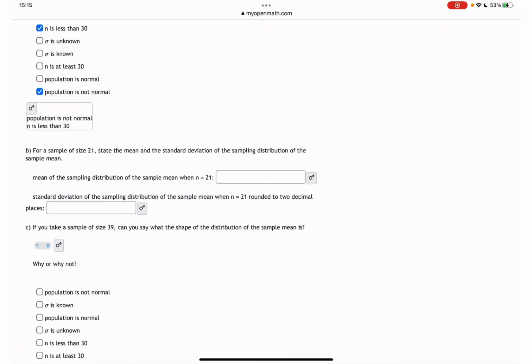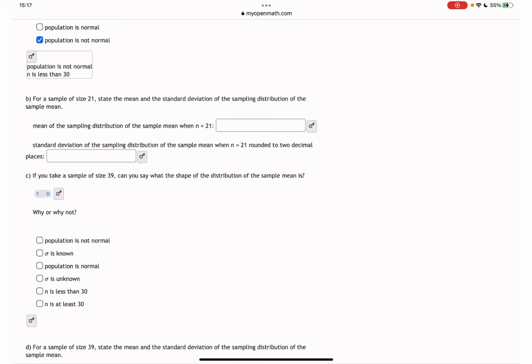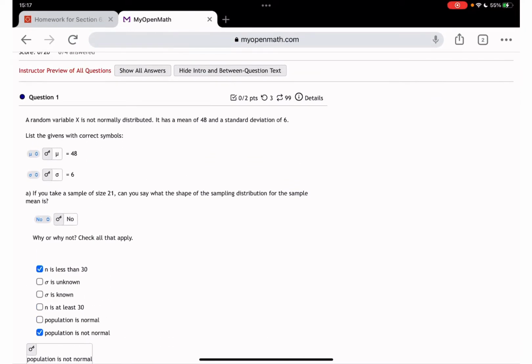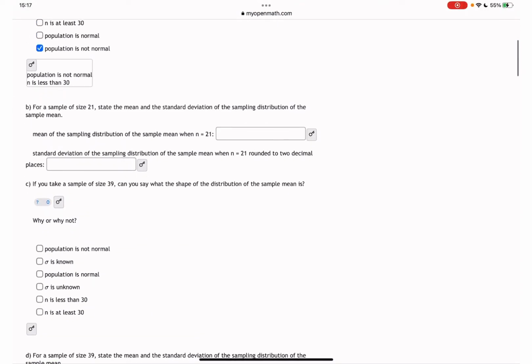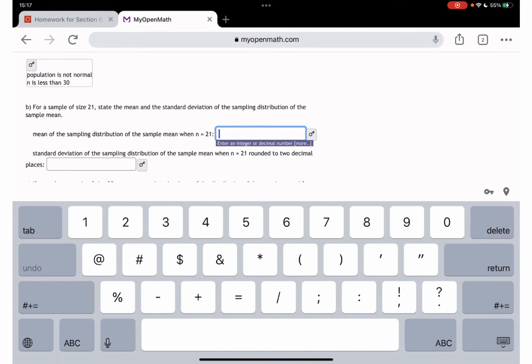Next question. For the sample of size 21, state the mean and the standard deviation of the sampling distribution of the sample mean. So if the sample size is 21, our mean is going to be the same as given, 48.